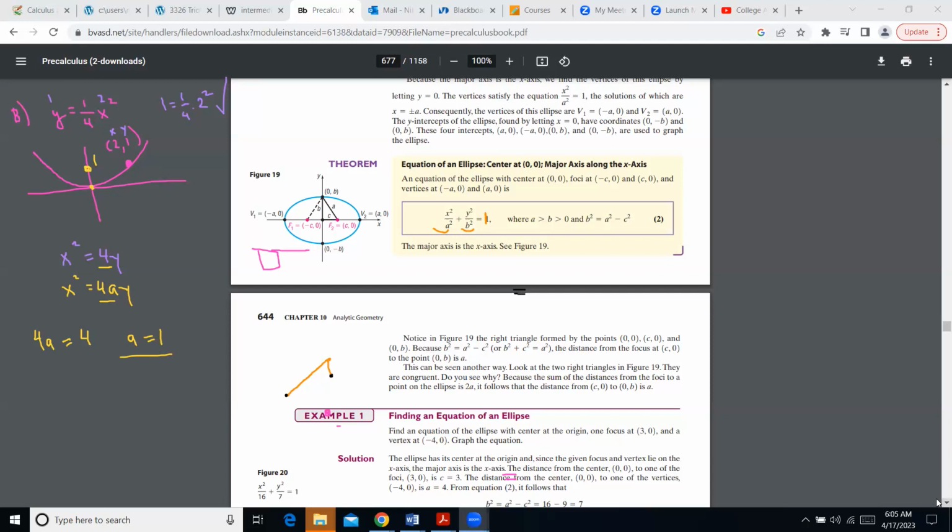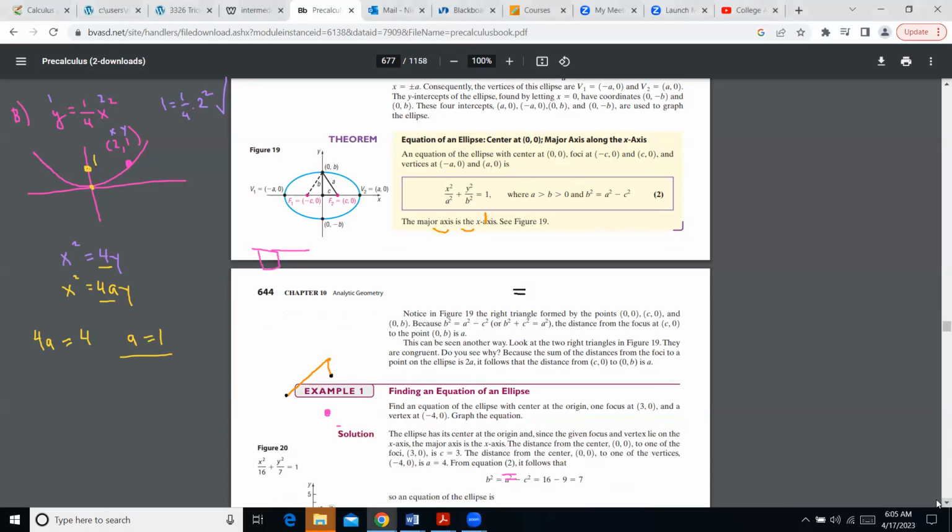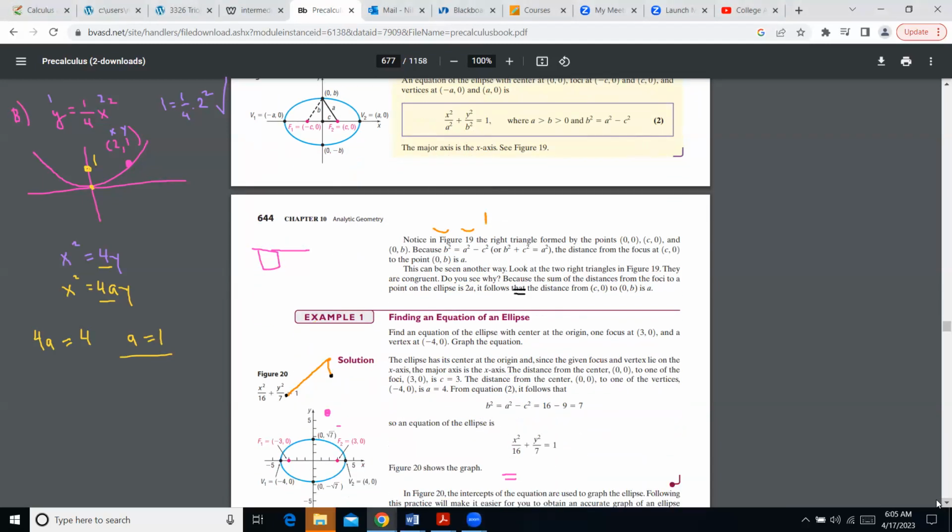So I can visualize how they're using these equations by looking at the graph of example 1. They have x squared divided by 4 squared. They want to put perfect squares underneath. And for y squared, what squared gives me 7?